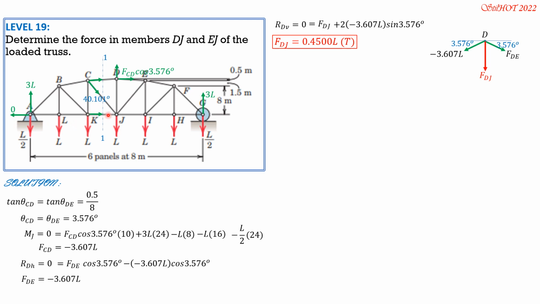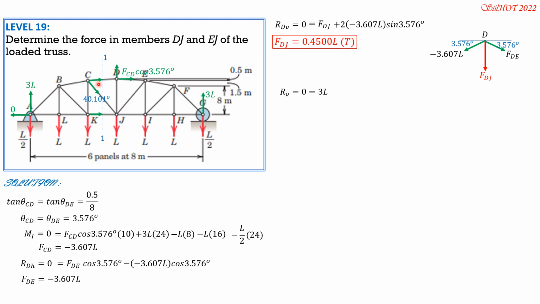Since in this section, considering forces to the left, JK is not yet involved, the best way, because we found already CD, is to set R vertical 0, the summation of forces Y equal to 0, considering all forces to the left. So we have FCD, which is upwards but its sign is negative. So we'll consider 3L first.